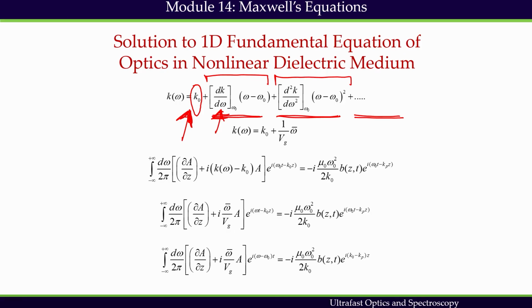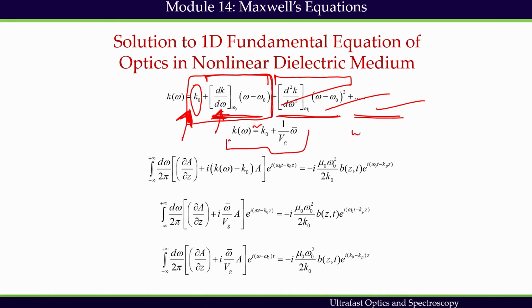So what we will do here, we will consider this problem up to the first order. We will neglect every other term. Then we can write down that approximately this k omega can be written like this.